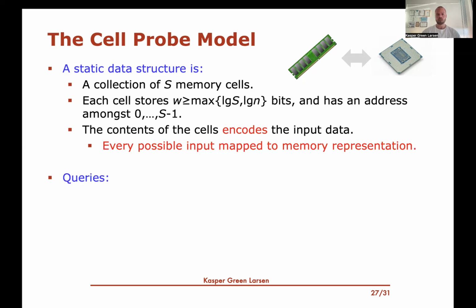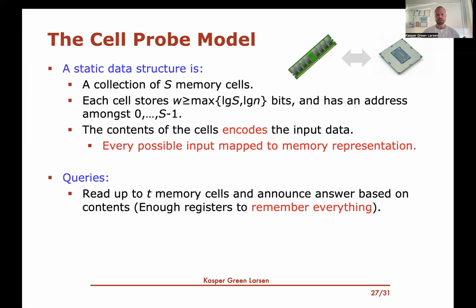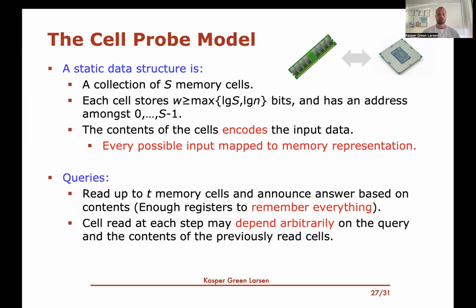Okay. The queries are basically you read up to T memory cells and announce the answer based on the contents of everything you've seen, and you can remember everything you've seen. And the cell that you read at each step may depend arbitrarily on the query and the contents of previously read cells. Okay. And you can formalize this last part as depth T decision trees, having a particular depth T decision tree for every possible query you could ask.